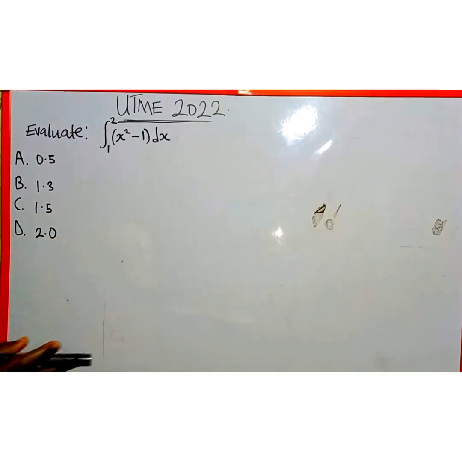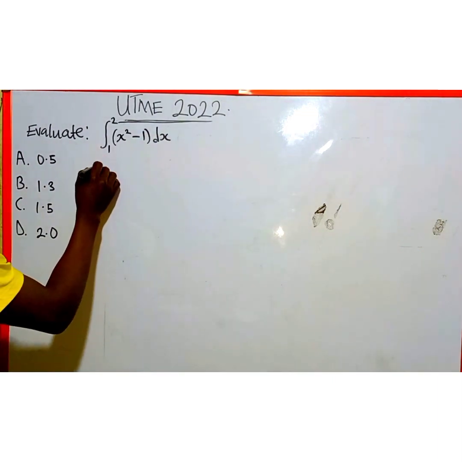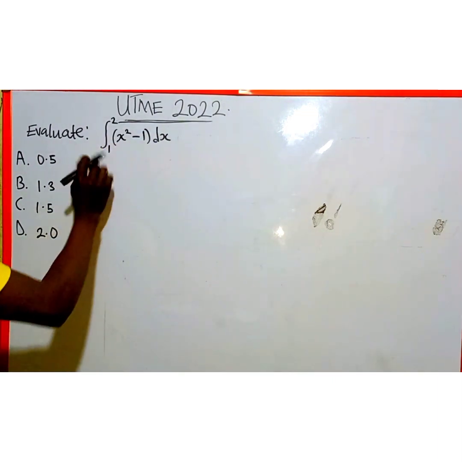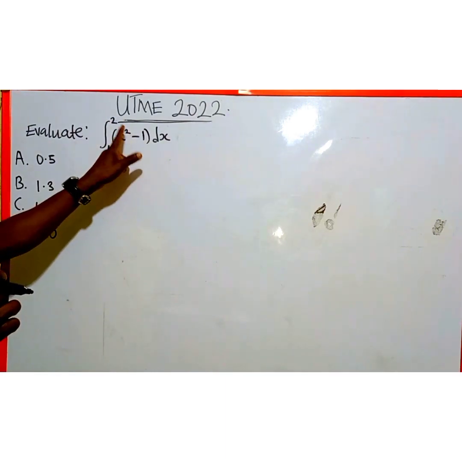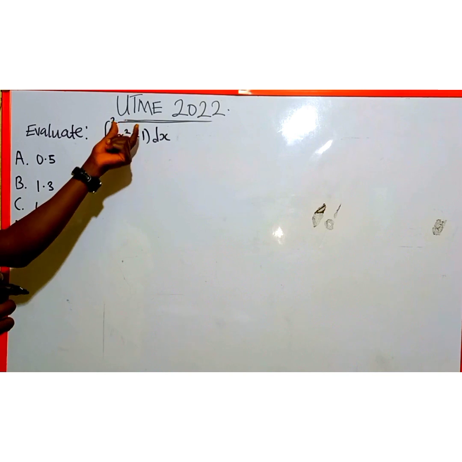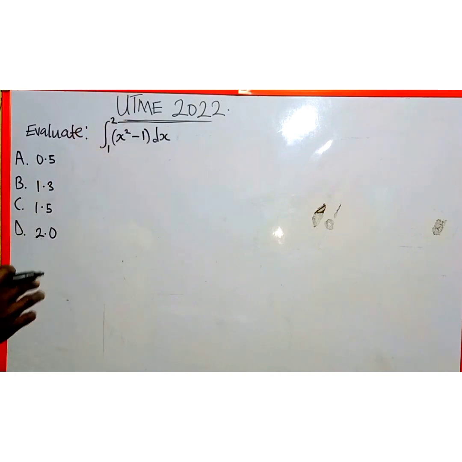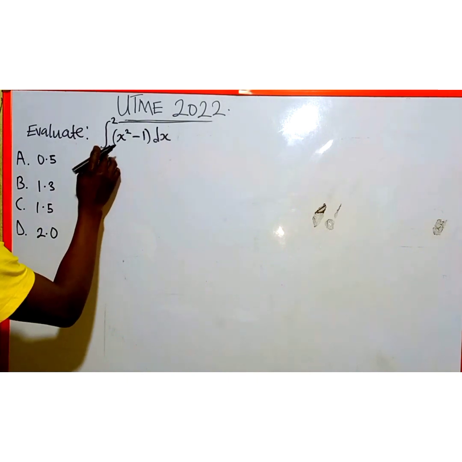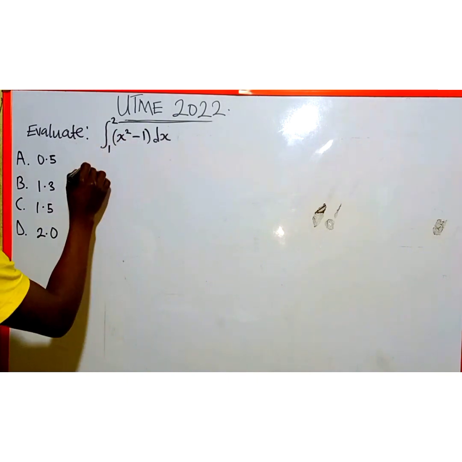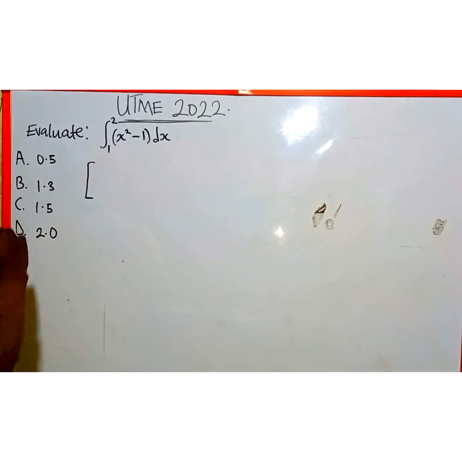So remember, integration is just the opposite of differentiation. What we are going to do here to integrate this, remember the interval is from 1 to 2. In integration, we add 1 to the power, then the whole of the power, we write in the denominator. So the integral of s squared minus 1 ds is going to be, you open a bracket.